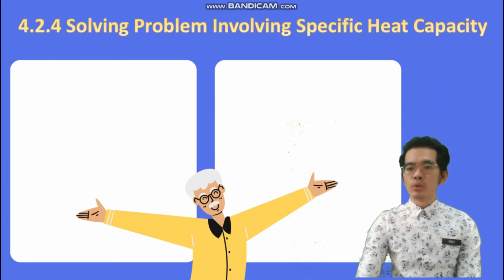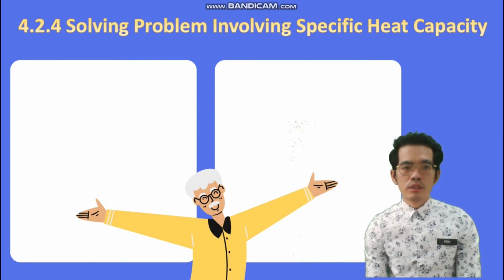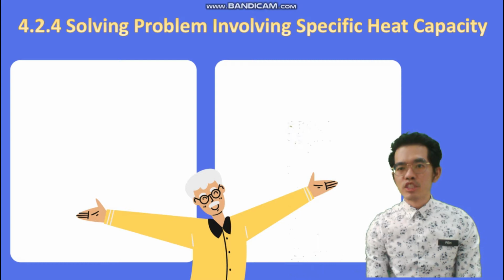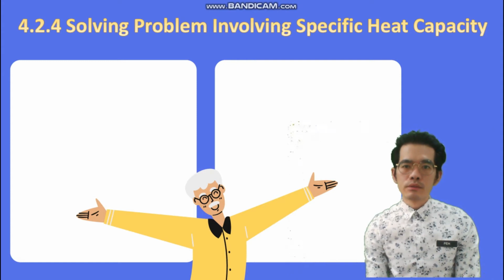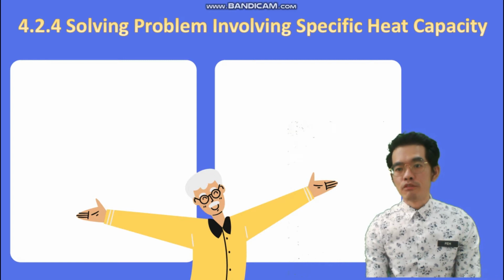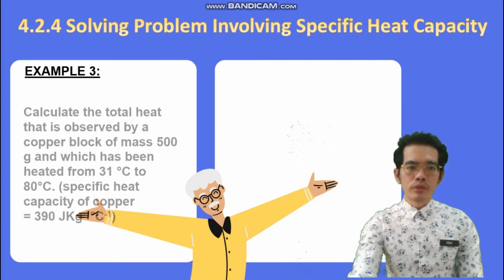Okay, now we go to the last part for today's topic, which is solving problems involving specific heat capacity. So we will discuss a few questions by using the specific heat capacity formula. Look at example 3.